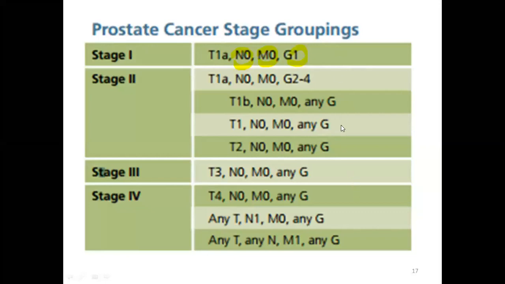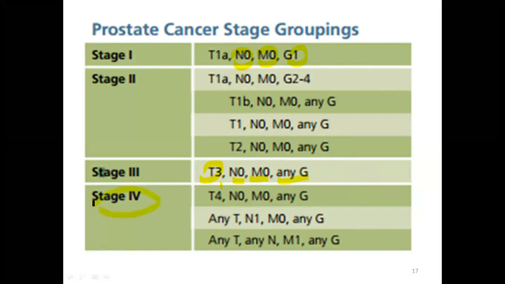But remember, at stage 2 there is no lymph node involvement. If the tumor is T1, T1B or T2, it can be stage 2. Stage 3 has a greater tumor, T3, but no lymph node involvement. There can also be lymph node involvement in stage 3, with any Gleason score.